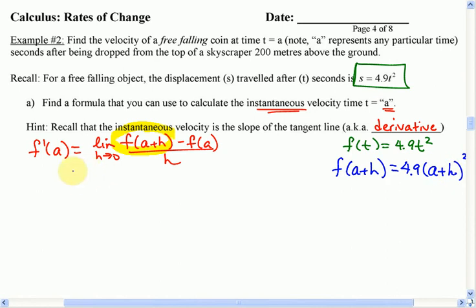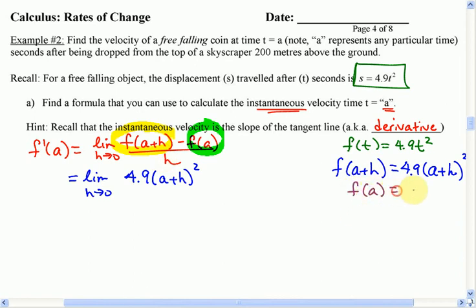Function notation. So ladies and gentlemen, let's go ahead and do this. That'd be 4.9 times (a plus h) all squared. Now, what's this f of a? Well, I think f of a would be just 4.9 times what squared?